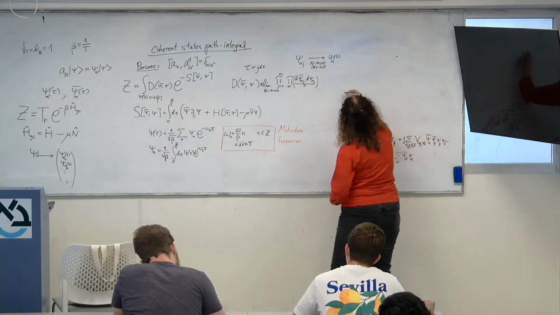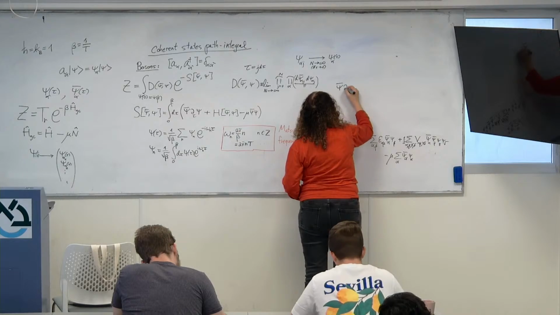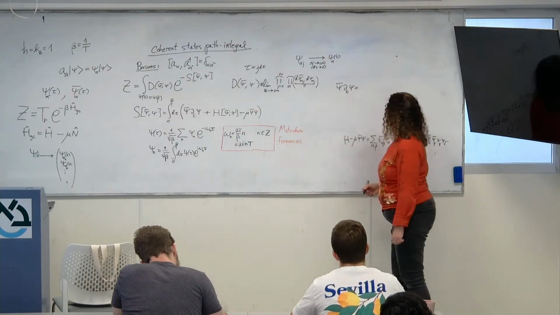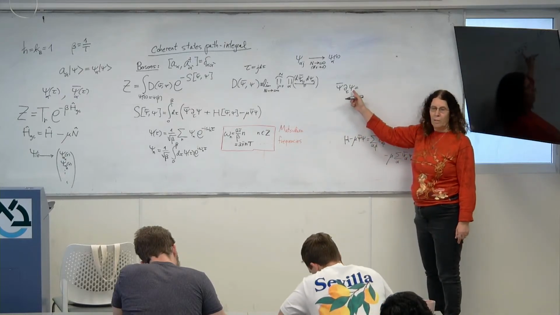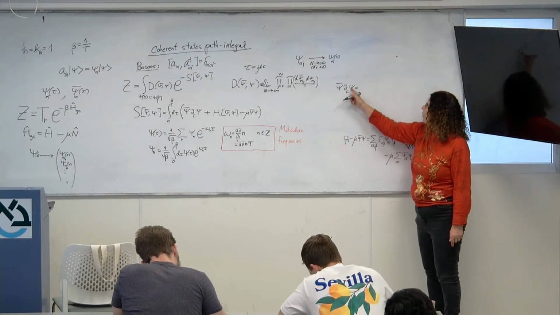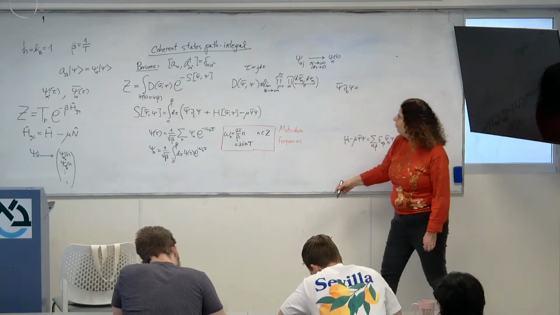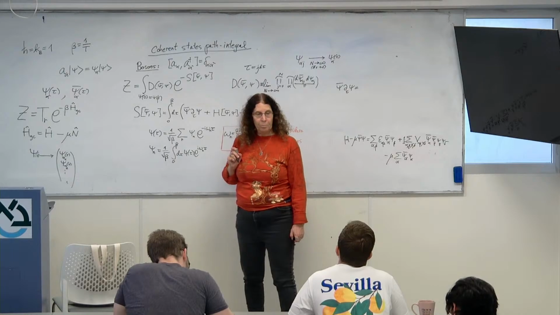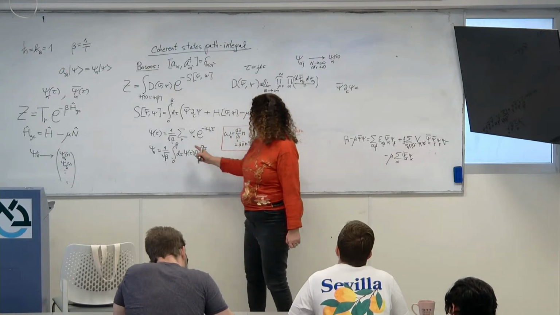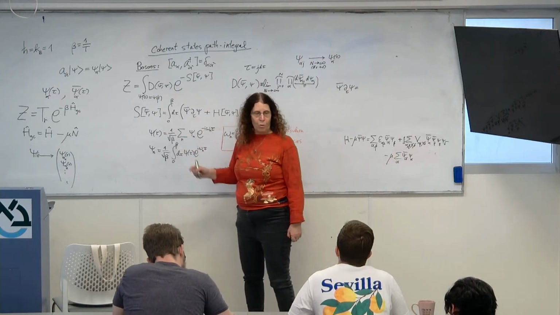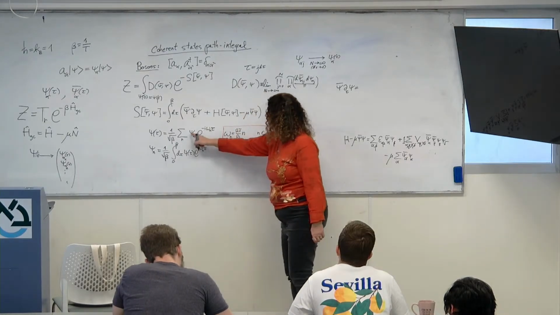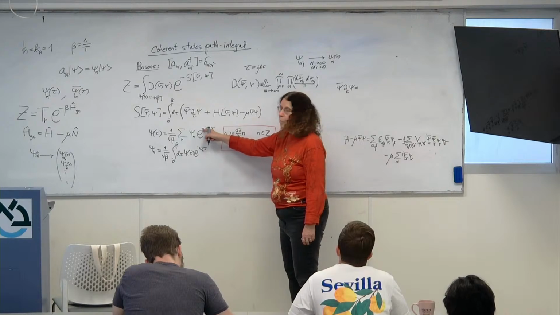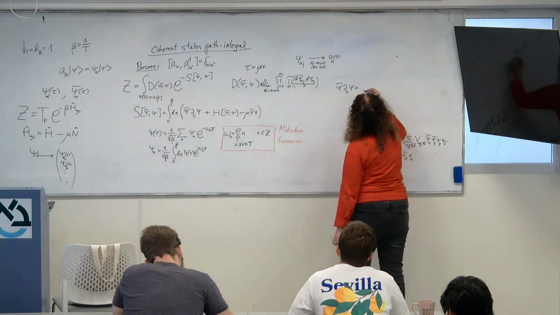Let's do it quickly. What I'm doing now is plugging in the expansion for psi of tau, and for psi bar I just take the complex conjugate of this, so it will have psi n bar, and this will change sign. Let me write it down explicitly.